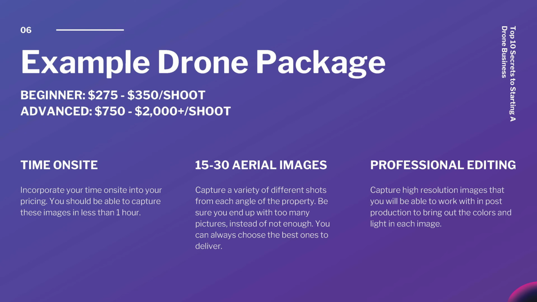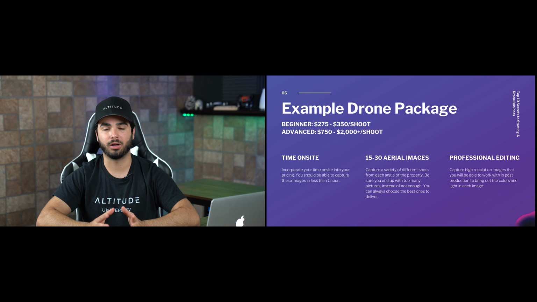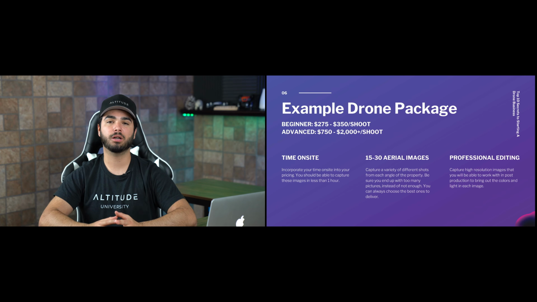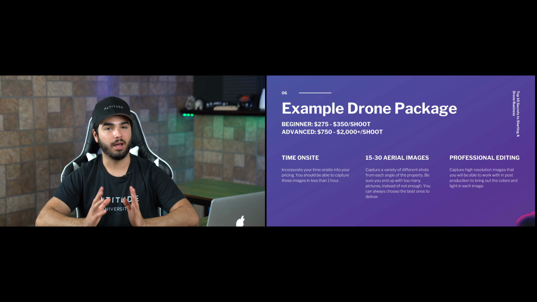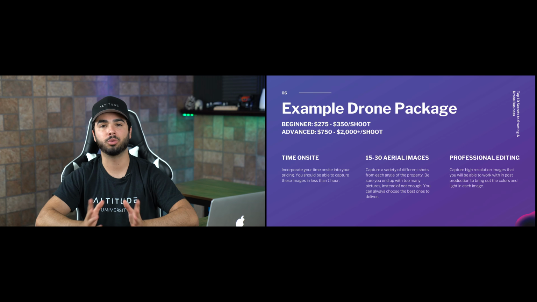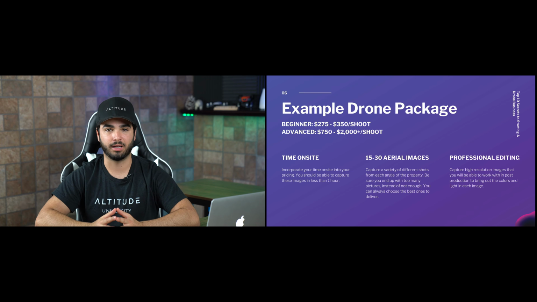Get a shot from the front of the house, the side of the house, the driveway, the backyard, a top down of the house, and a high up shot of its location, and charge $275 to $350 for your time on site with a quick turnaround to deliver the photos. Once you've established your services, you can start to incorporate video, other types of marketing, and charge between $750 all the way up to $2,000 for full lifestyle videos.